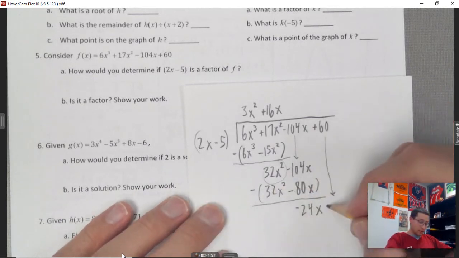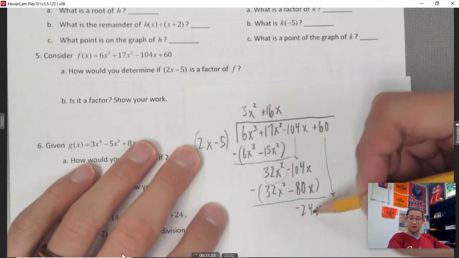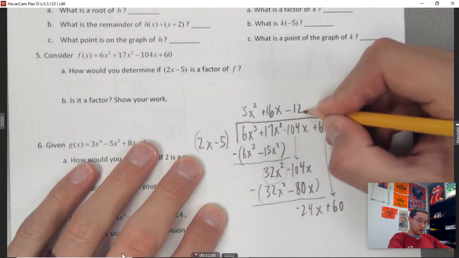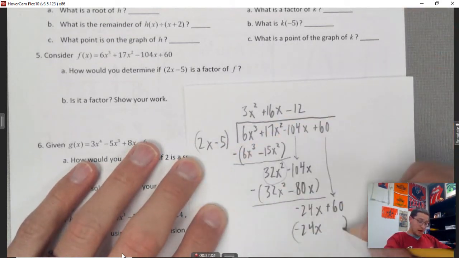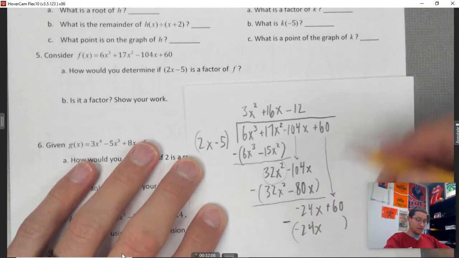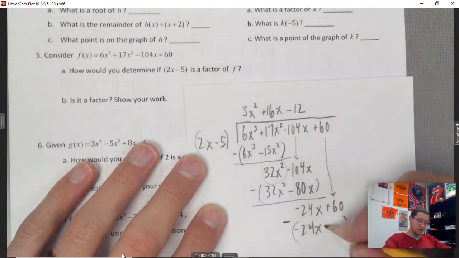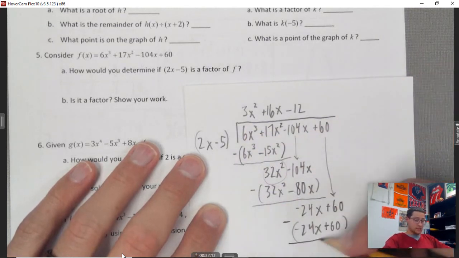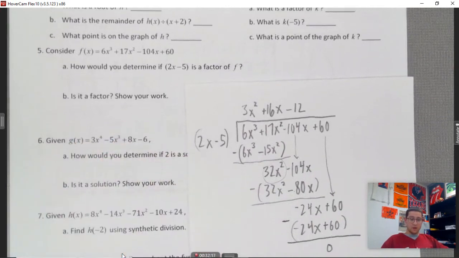We bring it down, plus 60 here. All right, 2x times what will give me negative 24x? Well, that's negative 12. I've got negative 24x. I've got to make sure I remember I'm subtracting. And then negative 12 times negative 5. Look at that, nice and neat. 0 as my remainder. So remainder of 0.